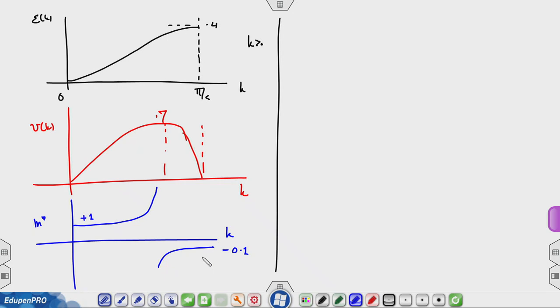What I want you to notice here is that for k near the zone boundary, m star is negative.